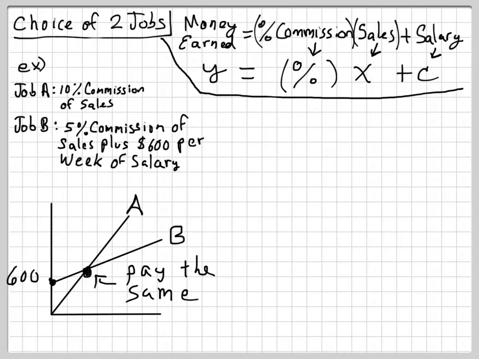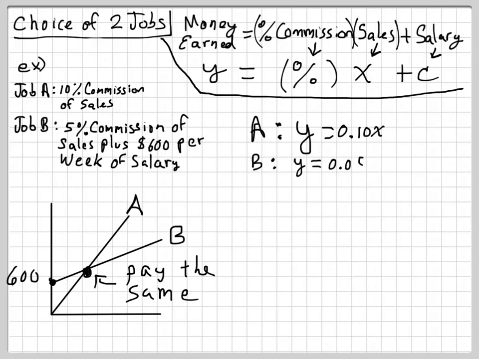It starts higher, at 600, and it rises, but it doesn't rise as quickly as job A does. So at some point there's an intersection, and it is at that intersection where both jobs will pay you the same according to the sales that you make.